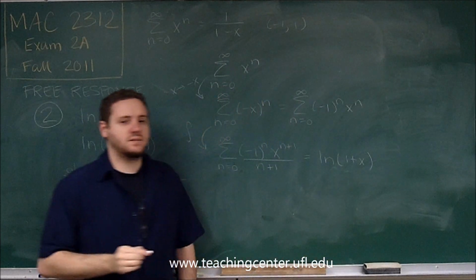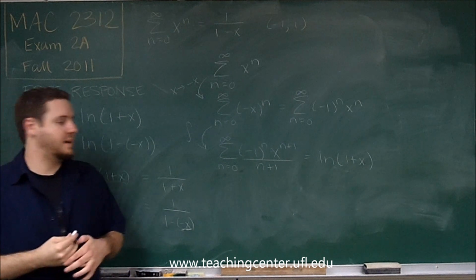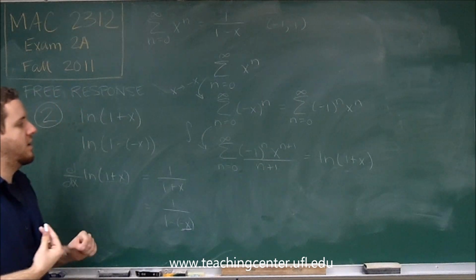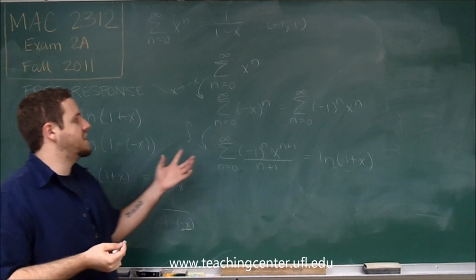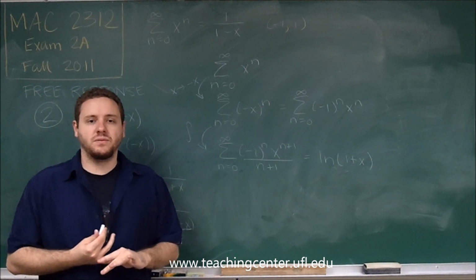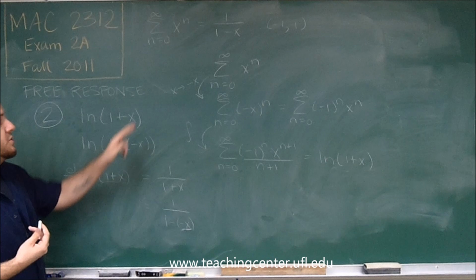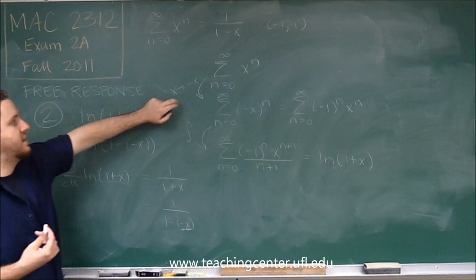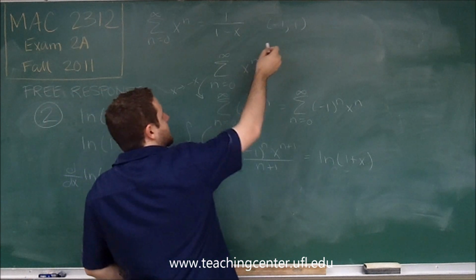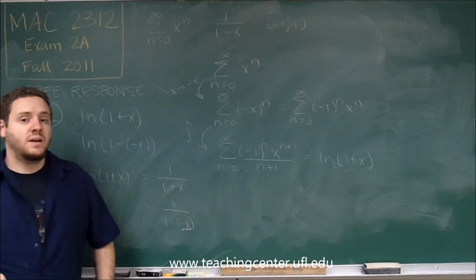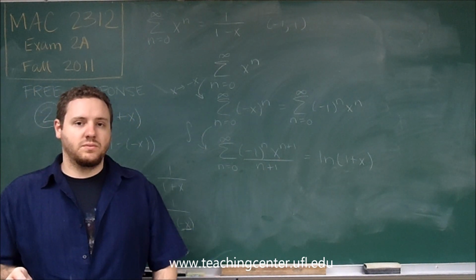The one thing we need to ask ourselves before we cement that as an answer is, is our interval still -1 to 1? Well, differentiating and integrating does not change your interval. We did, however, do a substitution for x. We turned x into -x. So that means that instead of x being in -1 to 1, we actually have -x is in between -1 and 1.